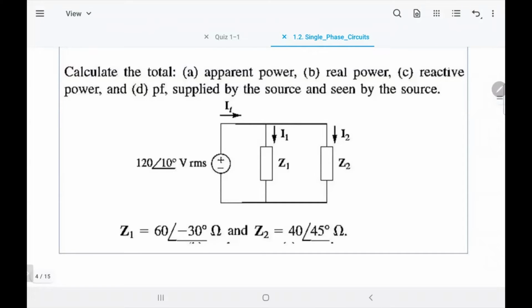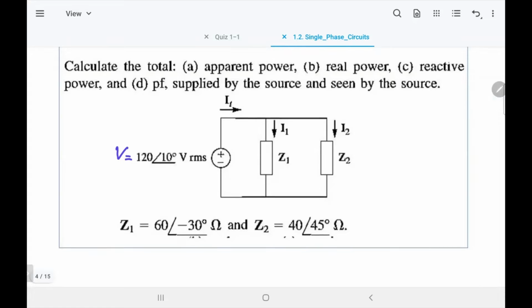How do you calculate the complex power in Z1? The impedance and the voltage are given. That's the voltage, and that's the impedance Z1, 16 at angle negative 30. So let's work together. How can you calculate S1, the complex power S1?